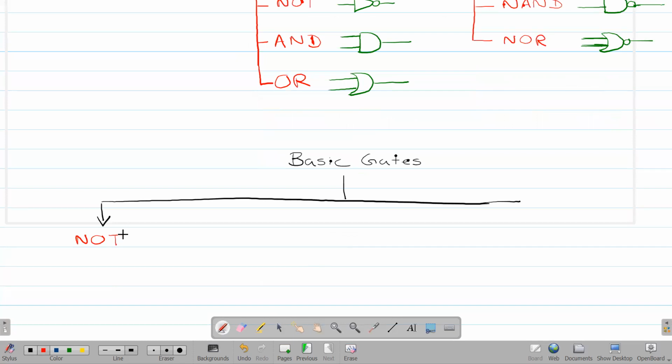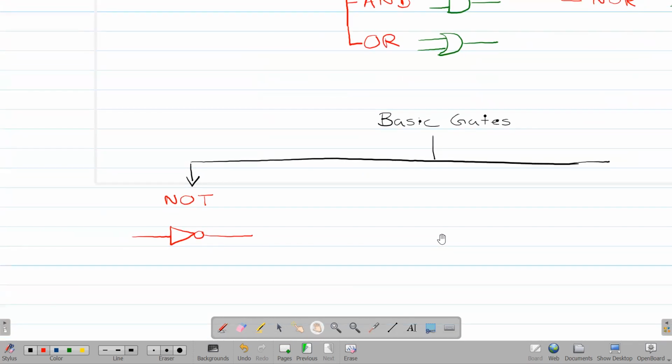Right, so the NOT gate can be drawn like this. The left-hand side line is called the input line, and the right-hand side indicates the output.